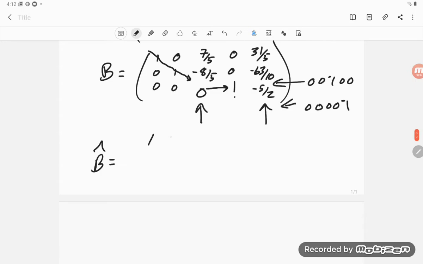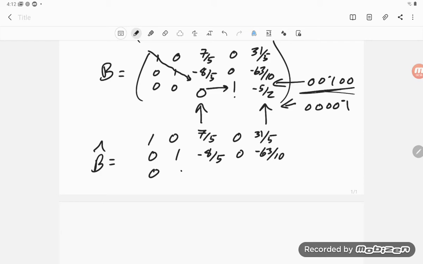is 1, 0, 7/5, 0, 31/5, 0, 1, negative 8/5, 0, negative 63 over 10. Now I introduce that row, 0, 0, negative 1, 0, 0, and you see how I'm going down the diagonal now very nicely.